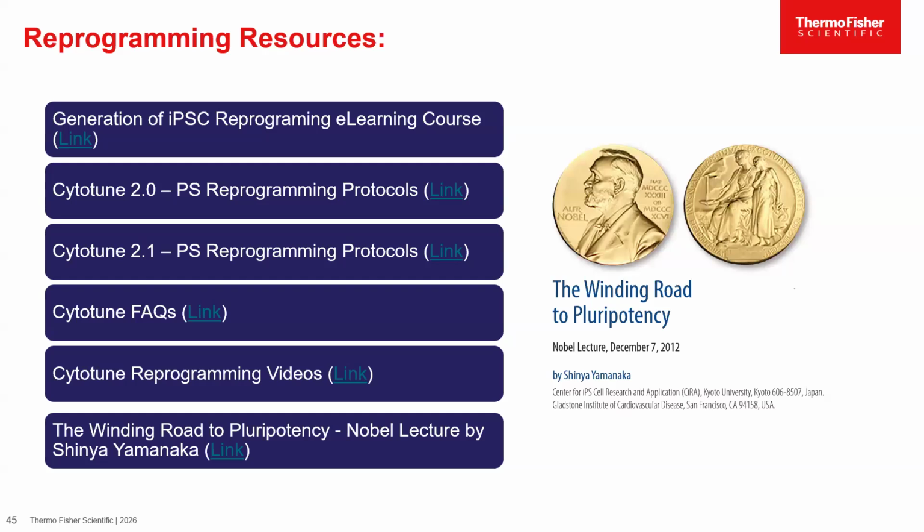This is only a testament, I think, to the promise that this field holds. Because if you think about it, this is access to cells with indefinite renewal capacity in order to treat patients potentially with your own cells, if you're able to reprogram them from your own sample.